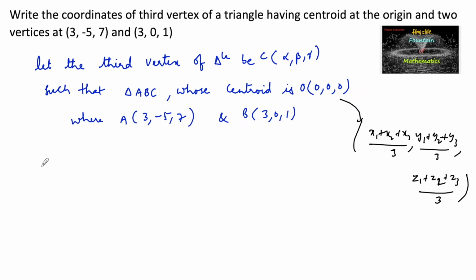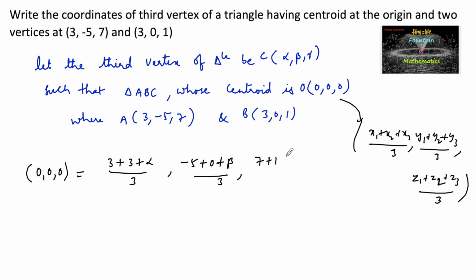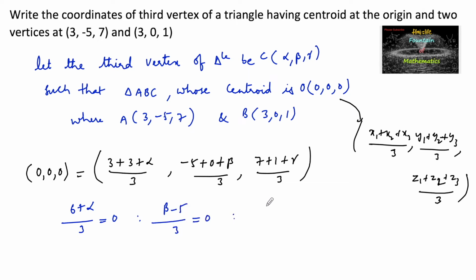So here we can write centroid origin is given 0, 0, 0, which is equal to 3 plus 3 plus alpha upon 3, minus 5 plus 0 plus beta upon 3, 7 plus 1 plus gamma upon 3. So we can write 3 plus 3, that is 6 plus alpha upon 3 is equal to 0 and beta minus 5 upon 3 is equal to 0 and 8 plus gamma upon 3 is equal to 0.